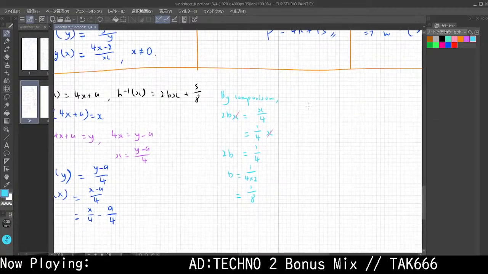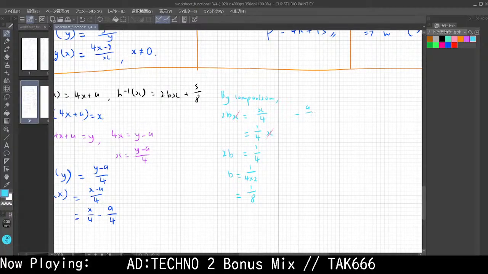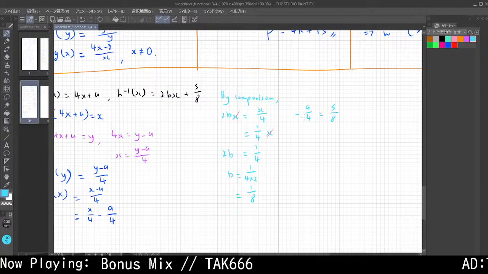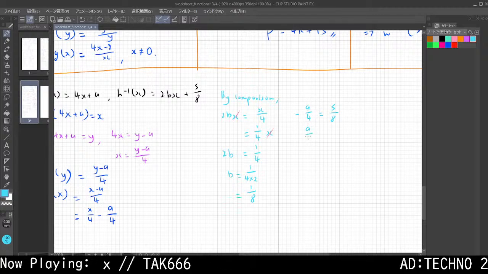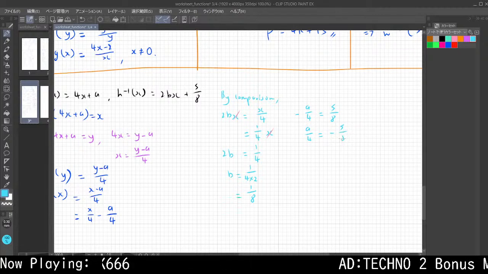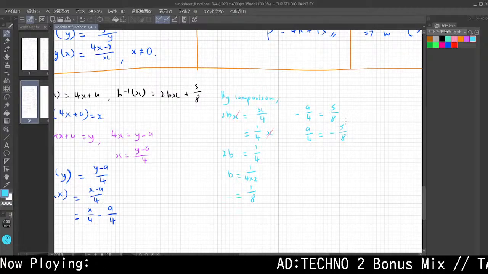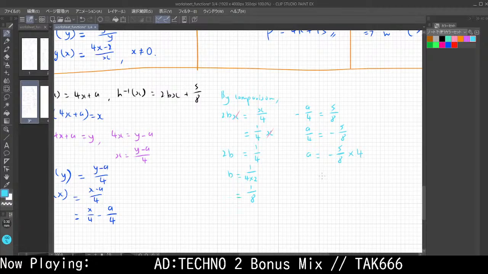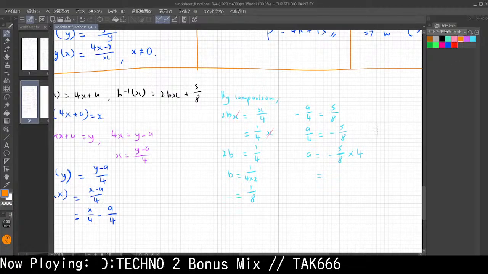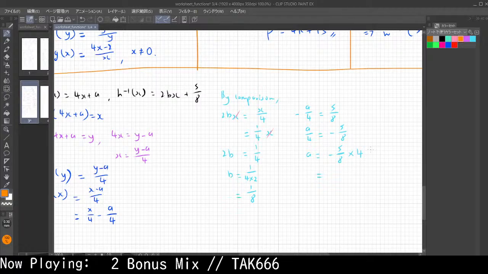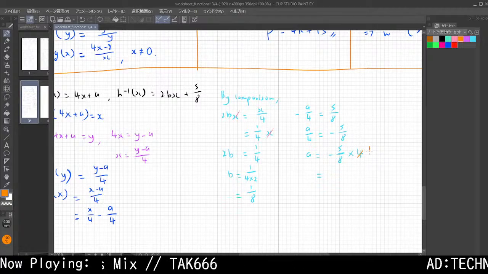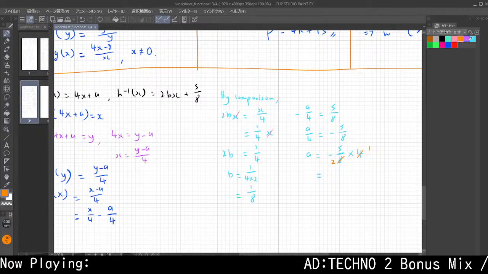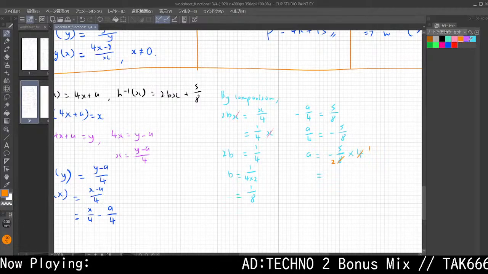Okay, then non-x compares with non-x: negative a over 4 compares with 5 over 8. Negative a over 4 equals negative 5 over 8. 4 brings over to do multiplying. a equals negative 5 over 4 multiplied by 8. 4 and 8 cancel each other out because they do division this way. 4 becomes 1, 8 becomes 2.